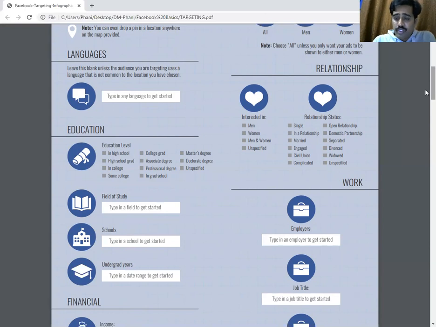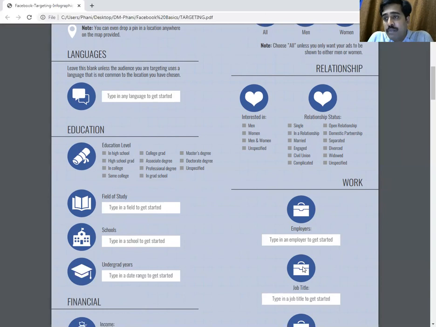Similarly, you can target employers. For example, if I want to sell some real estate, I would be looking at their job title. If I'm selling a plot worth 3 crore rupees, or maybe 2.5 to 3 crore rupees, I would look at targeting the CEOs or CXOs or CHROs of different companies.